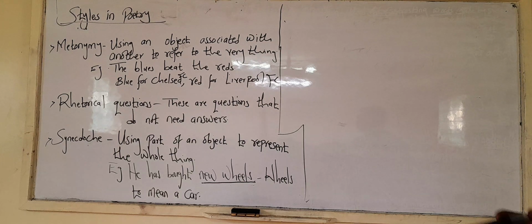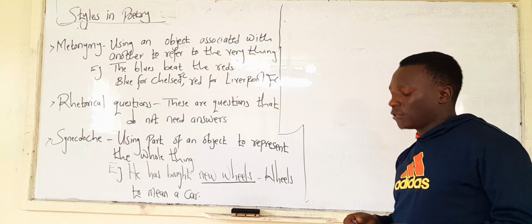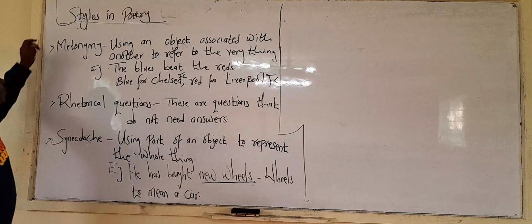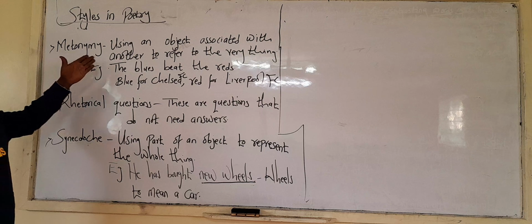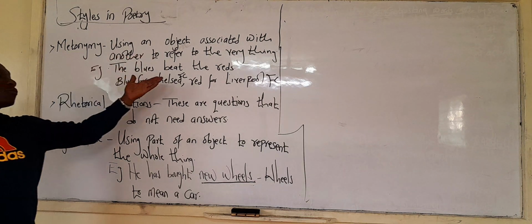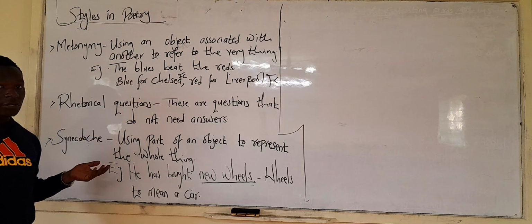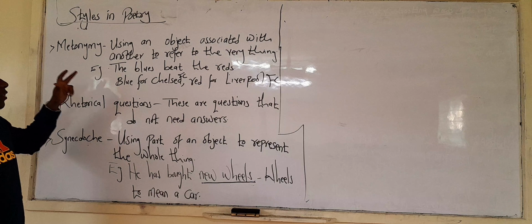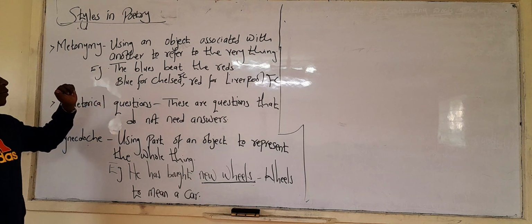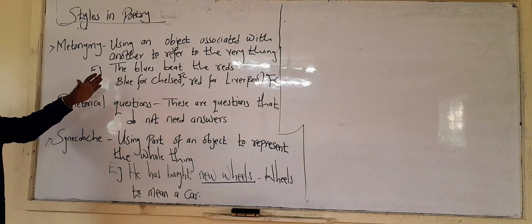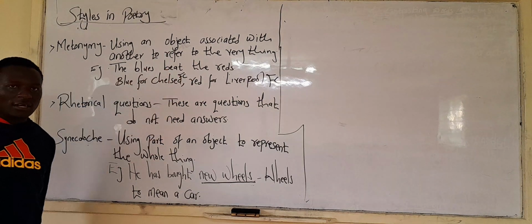The last part that I wanted us to check, still on style in poetry, is what we refer to as metonymy, which is using an object associated with another to refer to the very thing that you're talking about. Now, the Blues beat the Reds. That's an example.